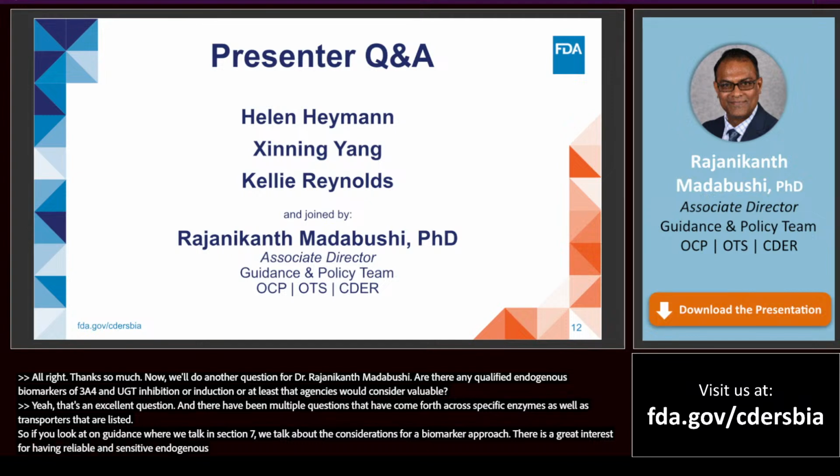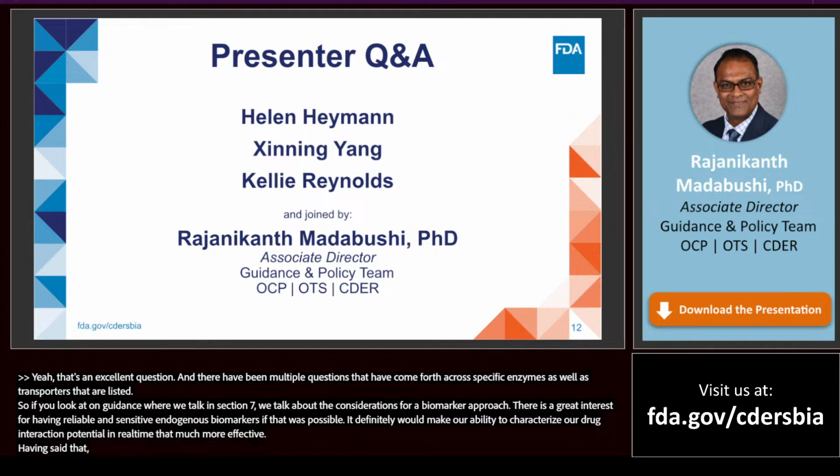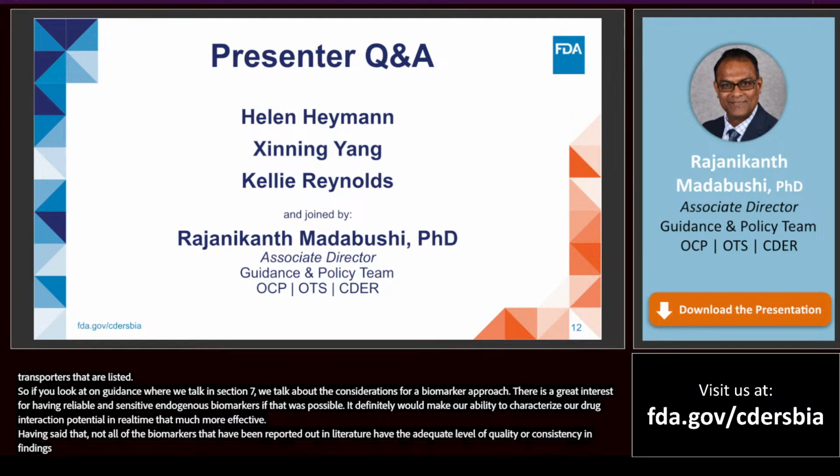If that was possible, it definitely would make our ability to characterize drug interaction potential in real time that much more effective. Having said that, not all of the biomarkers that have been reported out in literature have the adequate level of quality or consistency in findings to allow for reliable interpretation of results.